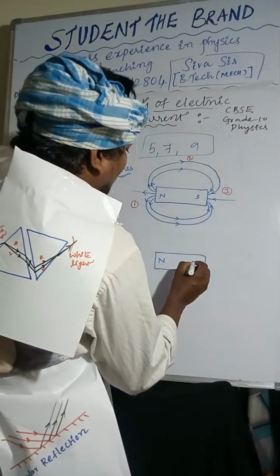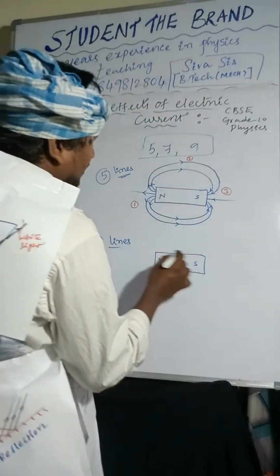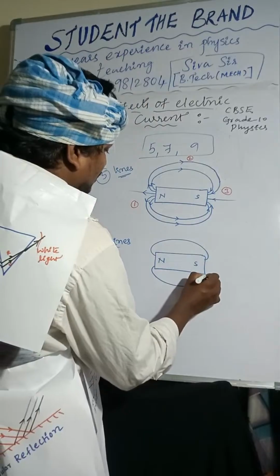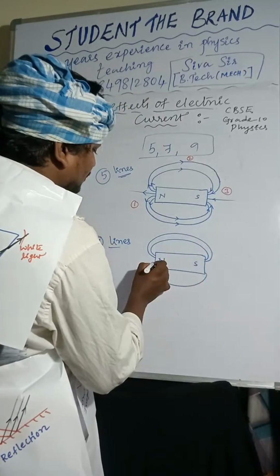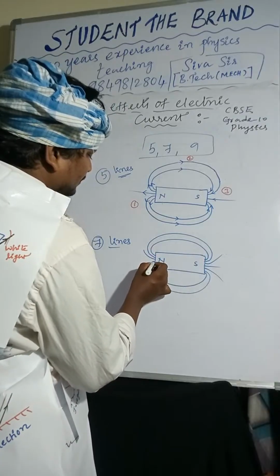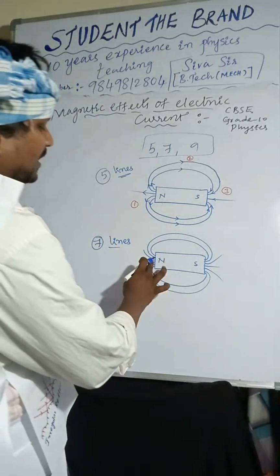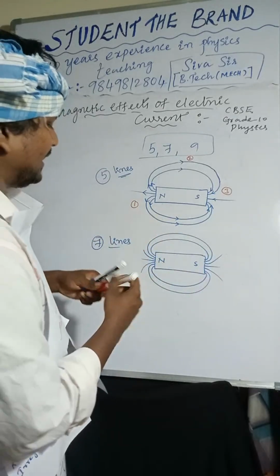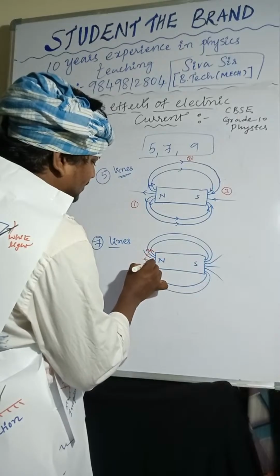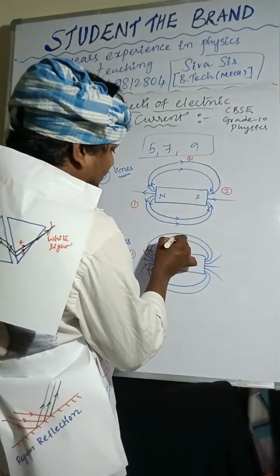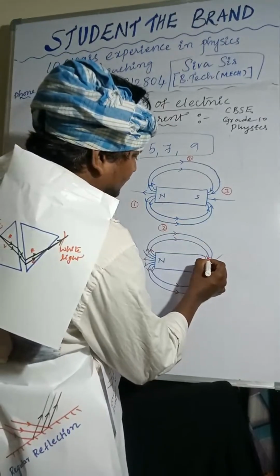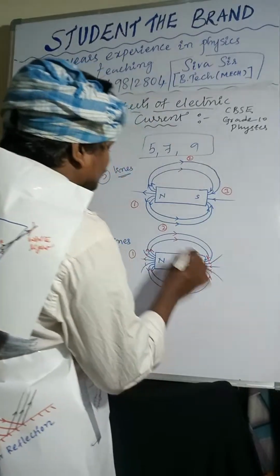North, and I'm considering south. 7 lines means we can take 2 lines up, 2 lines below, and 3 in the middle. The direction is compulsory, you have to take it. Outside is emerging out, for each line. Exactly in the middle, one, and here the second, and the third one merging in. So this is the 7 lines diagram.